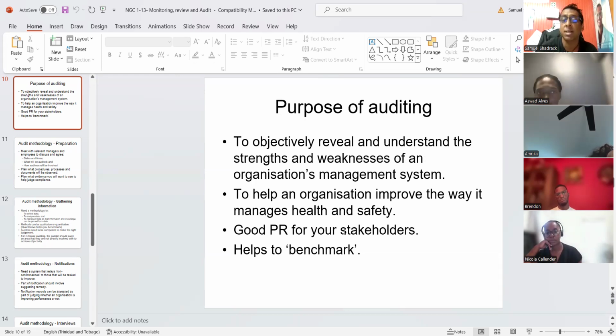The company may want to say, look, we are STO certified or we are ISO certified, to get a contract. If you can't get it, it's going to be difficult for you to be employed if you lose certification for a company.